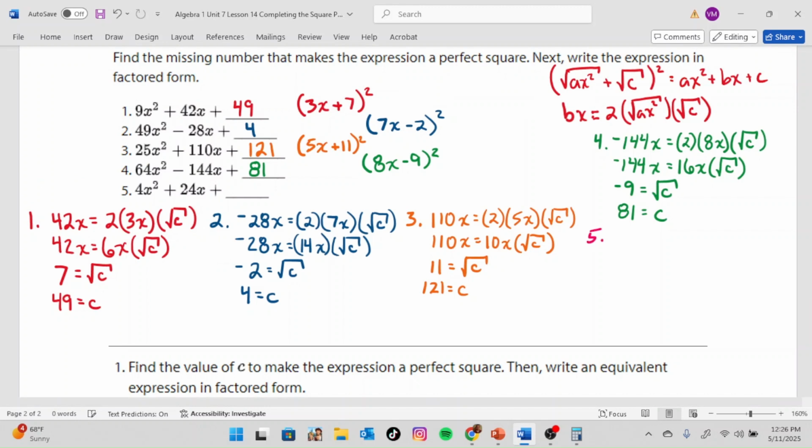And finally, number 5, bx is 24x. That equals 2 times the square root of ax squared. The square root of 4x squared would be 2x, times the square root of c.